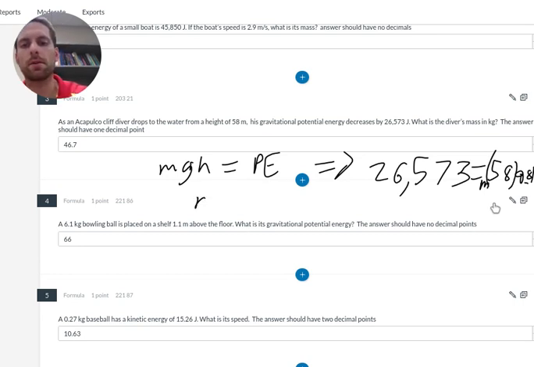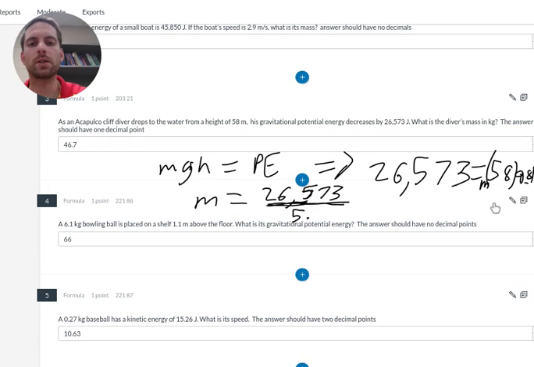So m equals whatever that value is, 26,573 divided by 58, my bad, 58 times 9.81.